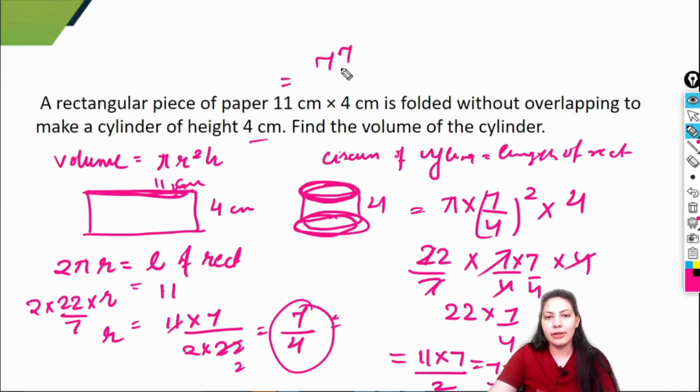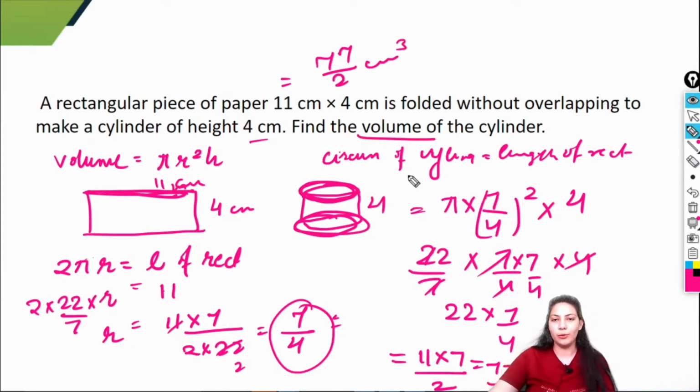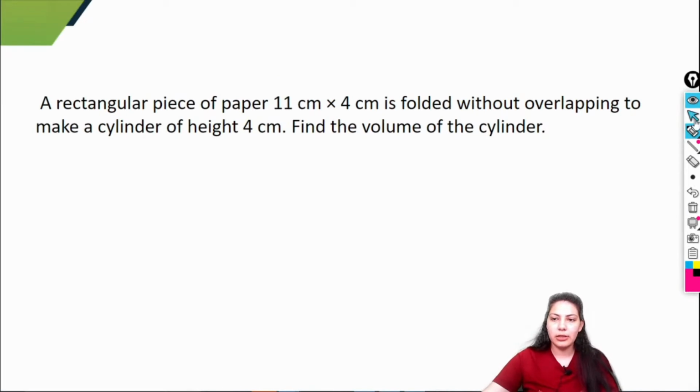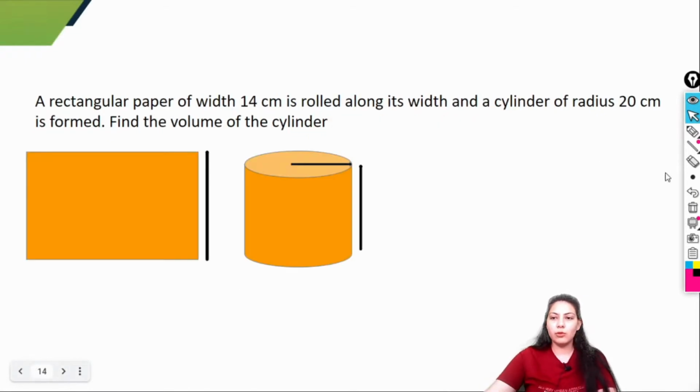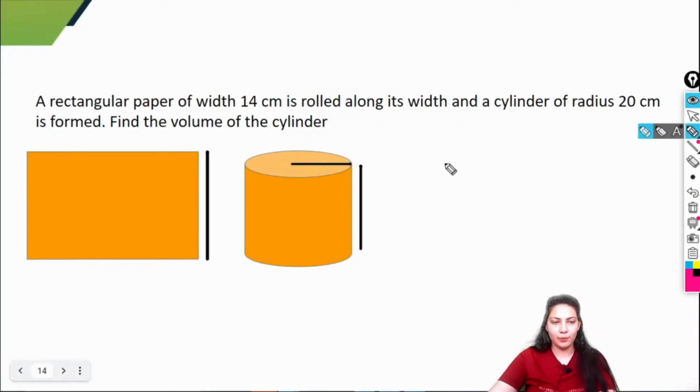The answer would be 77 by 2 centimeter cube, because this is a volume. Now let me erase and move down to our last question.